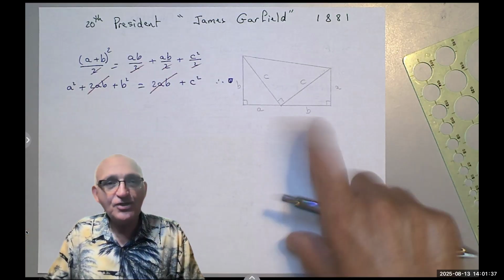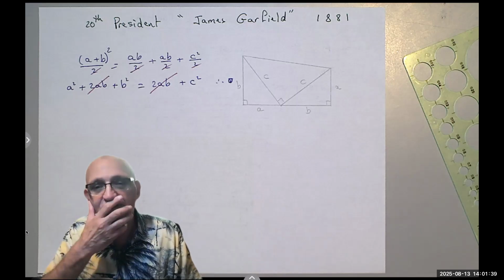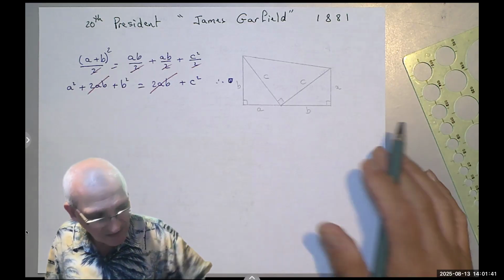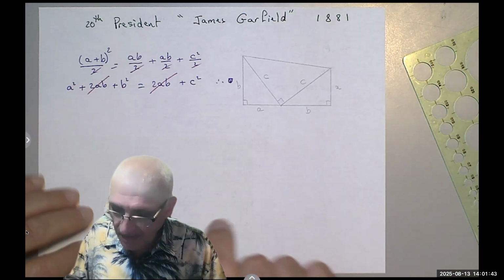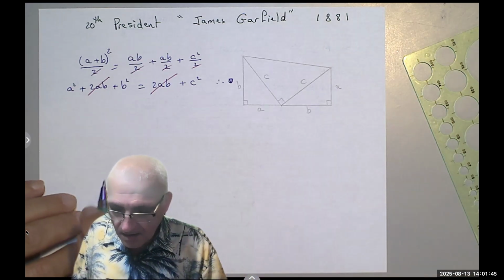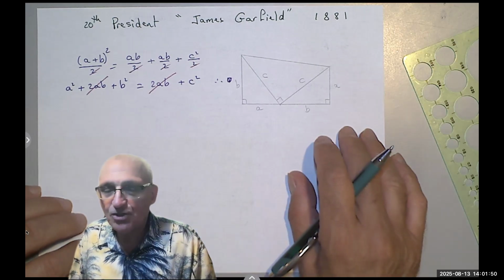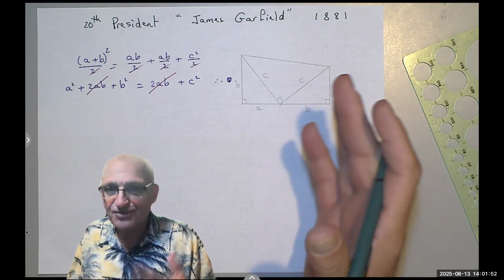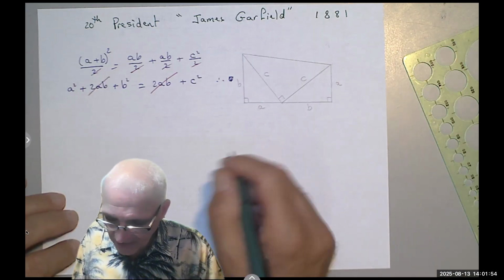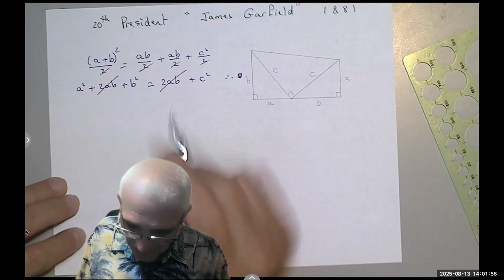I'm going to show you here. There are some relationships that help you solve trig equations and stuff. So let's write these properties here.